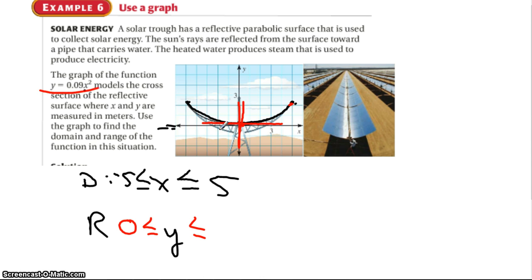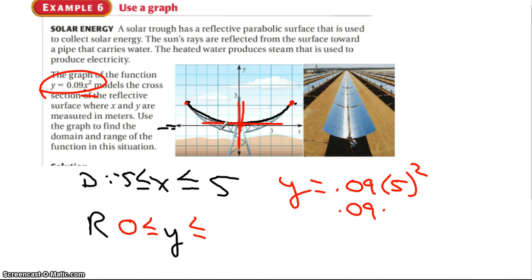Plug it in. Right, here's our equation. So what's the x value at this extreme point here? 5. Or the other one would be negative 5, and they're both going to give us the same value when we square it, right? So we would say y equals 0.09 times 5 or negative 5 squared. So it's 0.09 times 25.